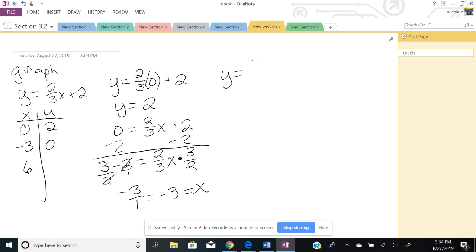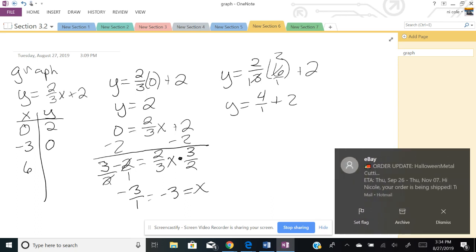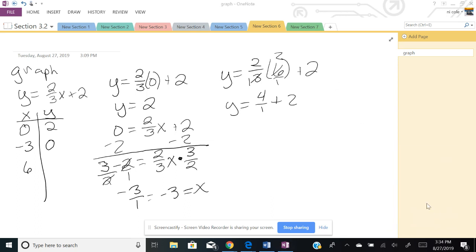So y is equal to 2/3 times 6/1 plus 2. Okay, 6 and 3 have 3 in common, leaving you 1 there on the bottom, 2 there. 2 times 2 is 4/1, or just 4. And that's y equals 4 plus 2, which is equal to 6.